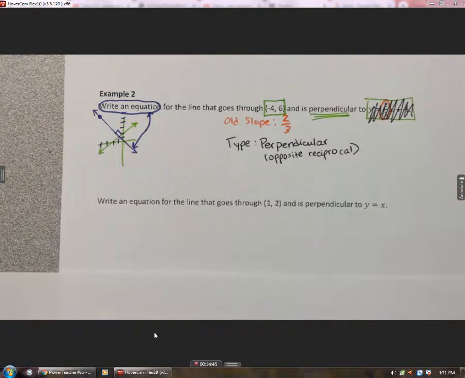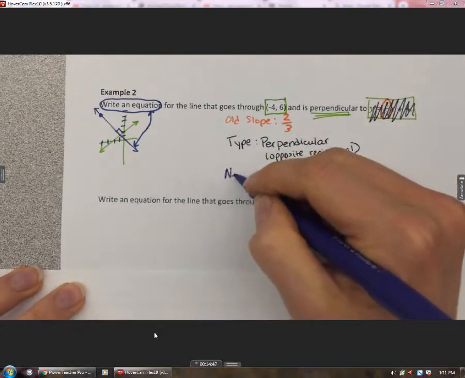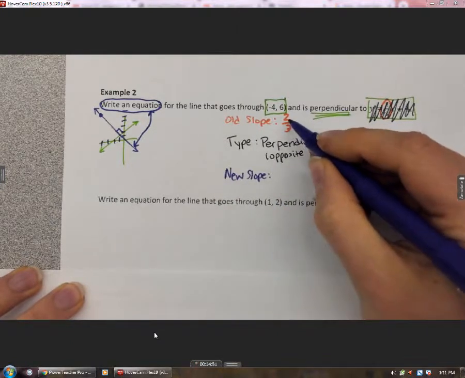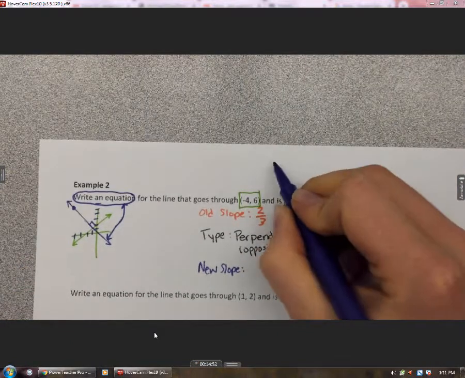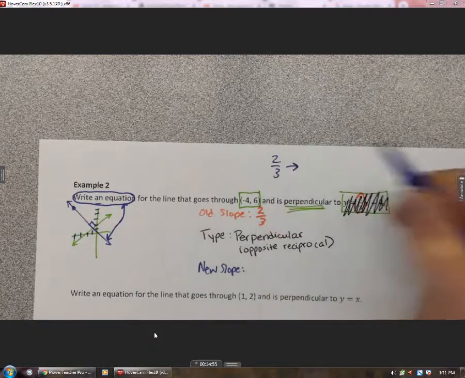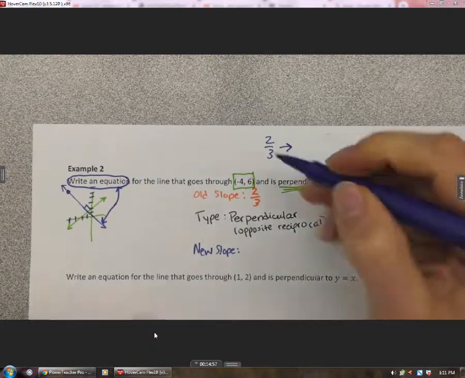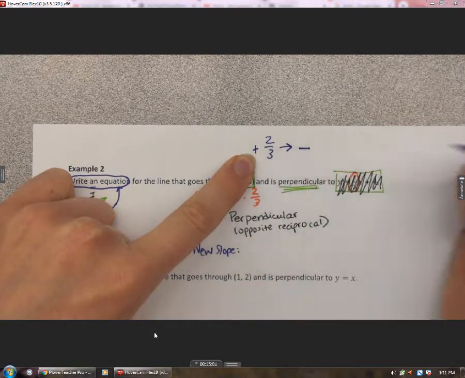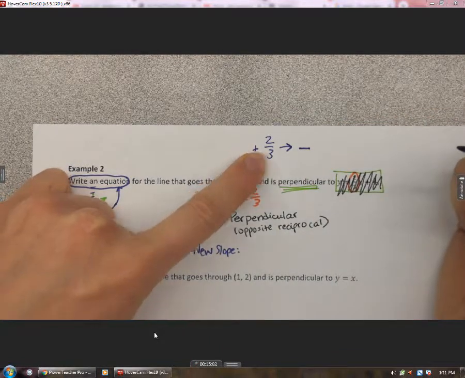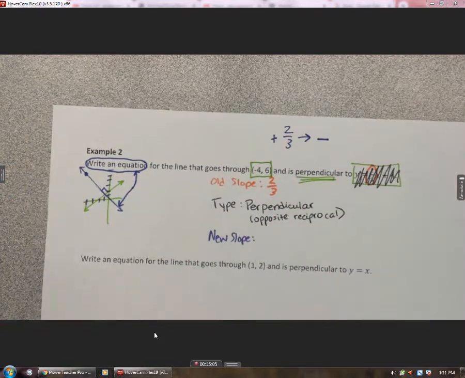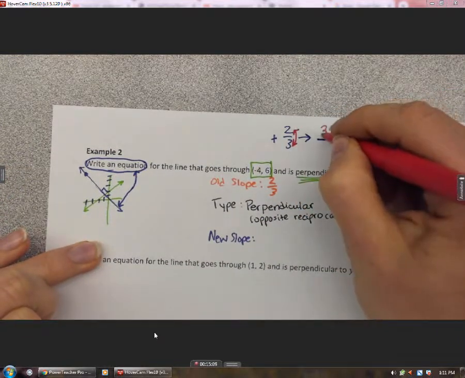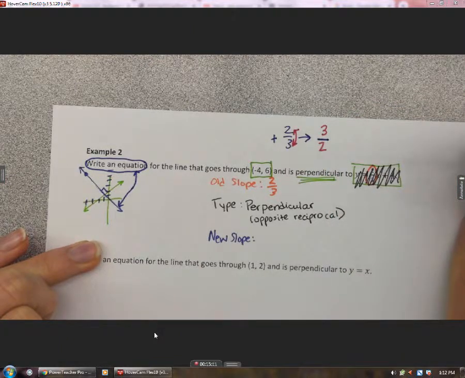So in order to get my new purple slope, this 2/3 is going to change. It needs to be opposite. That means right now it's positive, so opposite means negative. Positive turns to negative. Reciprocal means flip. 3/2.